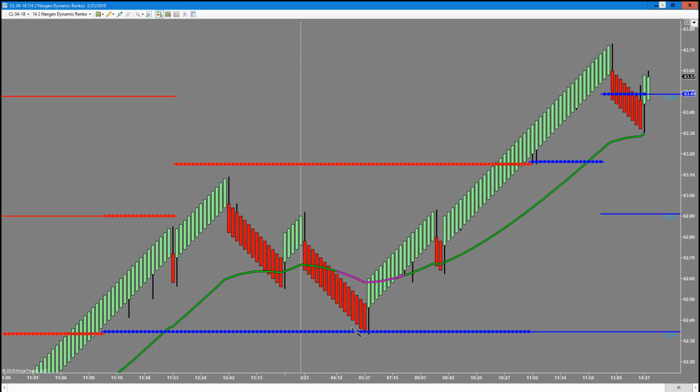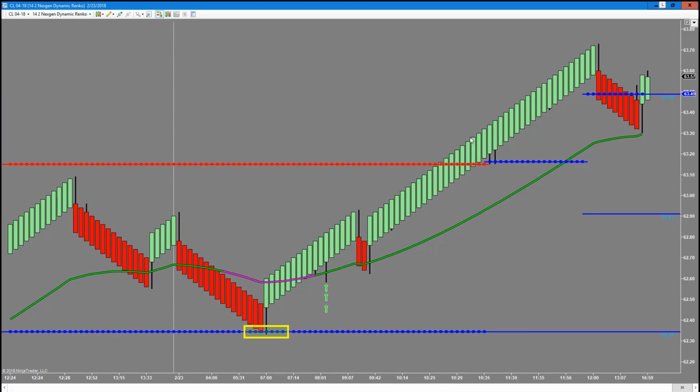It's our job to figure out, if they hold, how are we going to take advantage of that? If the market bars are going up and not making down bars, how are we going to take advantage of that and trade to the upside? So we're going to use these areas as entry points.